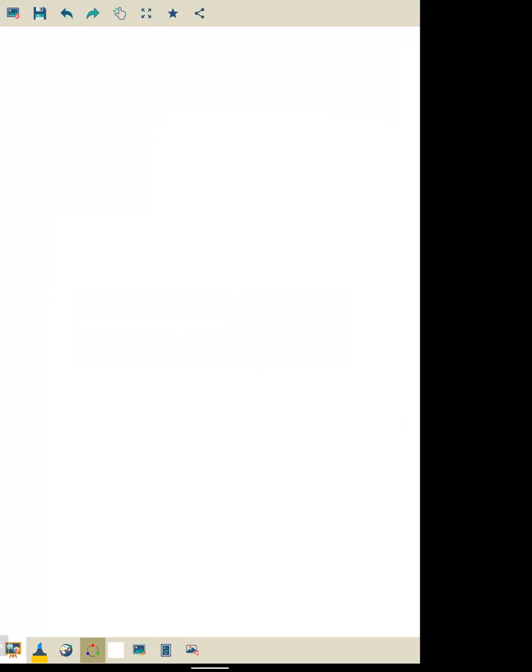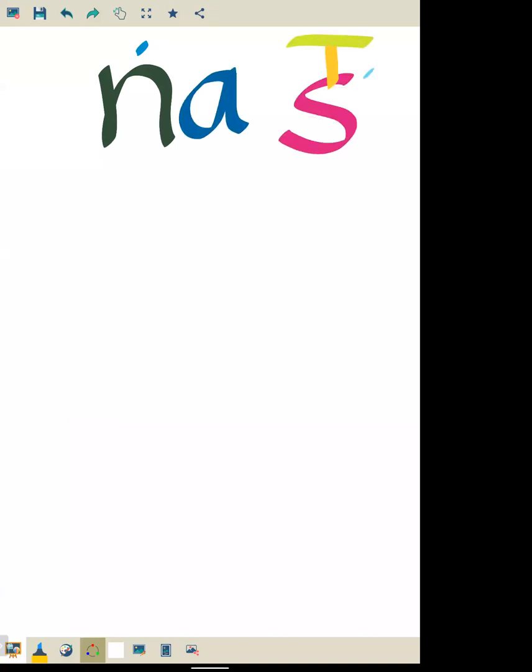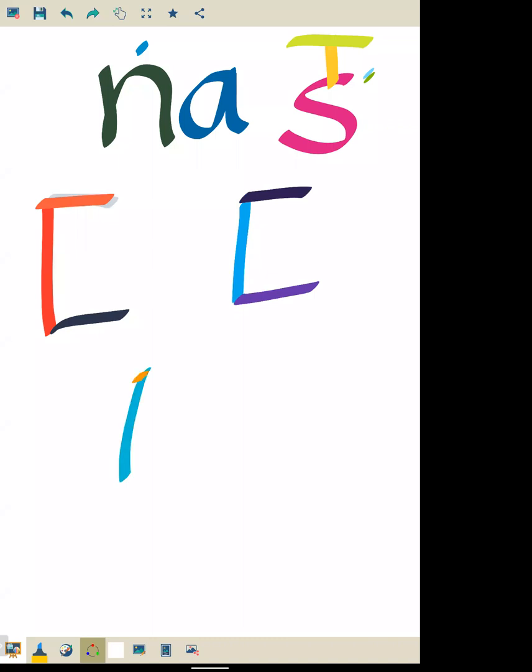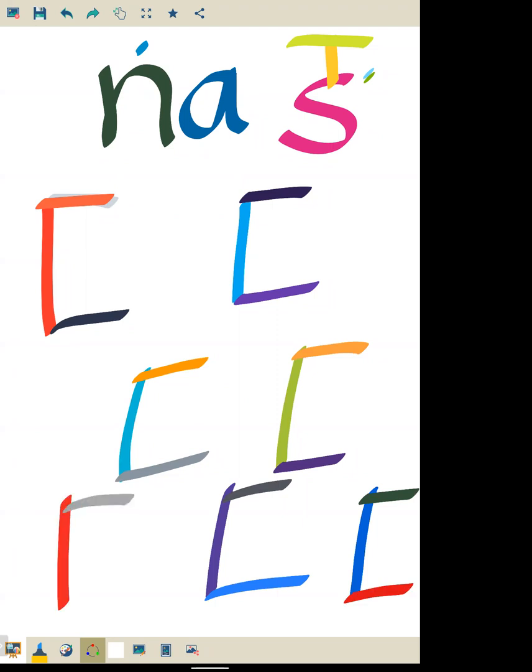Then we can come to nga. So this is nga. When you have nga, there is a middle. Now there is a question in your mind, because this nga looks like ja. What to do?